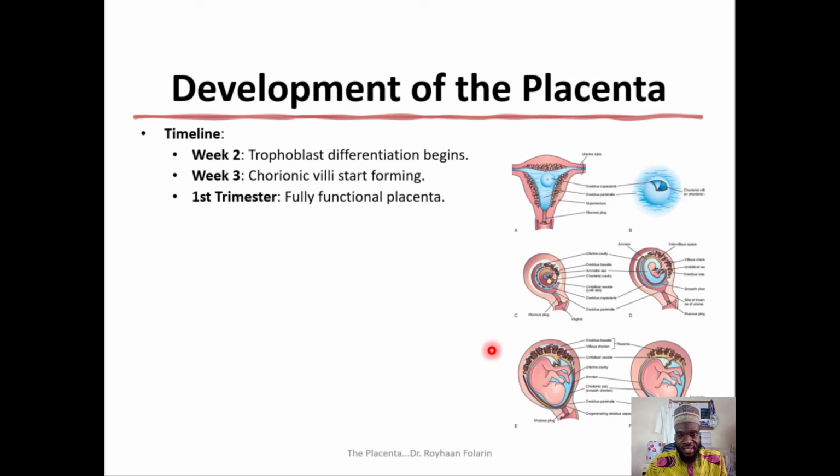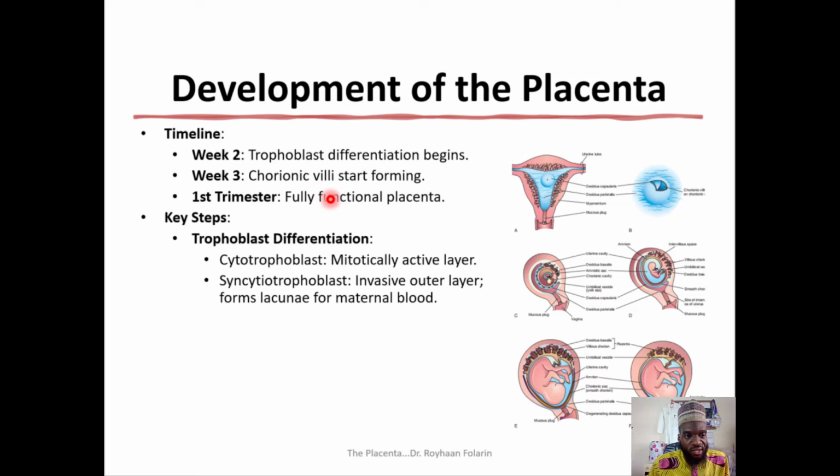So understanding these stages is quite crucial to appreciating the functions. So typically from the second week, the trophoblast differentiation begins, and then by the third week, the chorionic villi start forming, and then by the first trimester, the placenta has become fully functional.